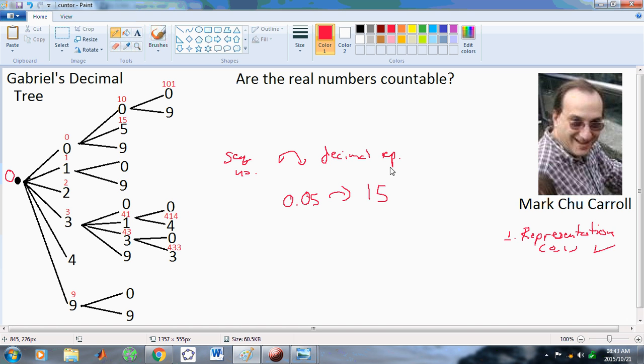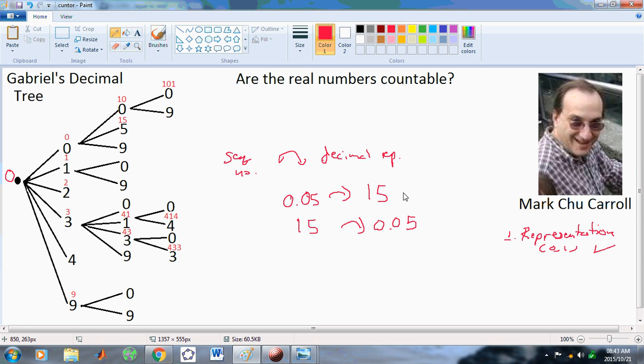Yes? Now suppose you gave me 15 and you asked me to find the number. Okay, then I'd do top-down traversals until I find 15, and they'll say, that's 5, and then I just trace it back to the origin, right? Trace it back to the origin. And that would give me 0.05. Yes?